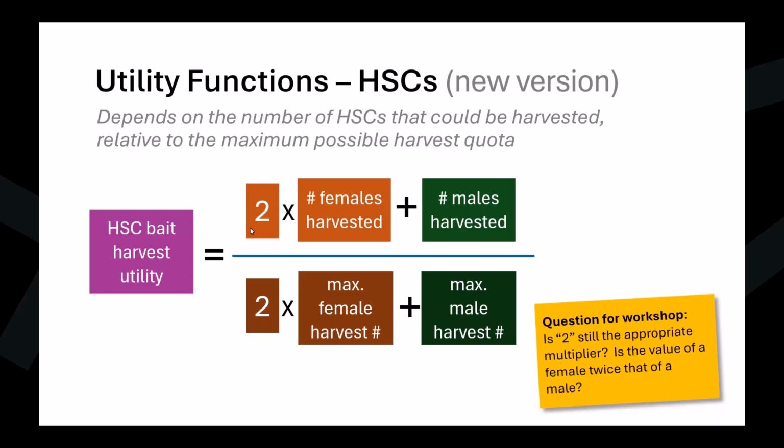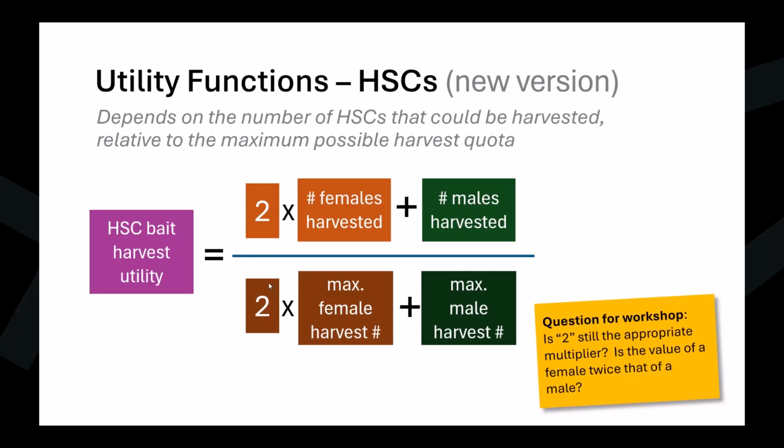And so again, we use the multiplier of 2 to relate female harvest to males. And again, we just took that from the original outcomes of stakeholder input to the original ARM, that 2 multiplier representing the fact that females should be more or less double the value of males. And then, in the numerator here, we've got 2 times the number of females that were harvested plus the number of males.